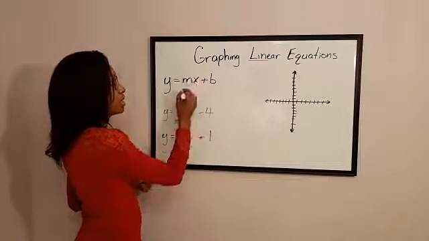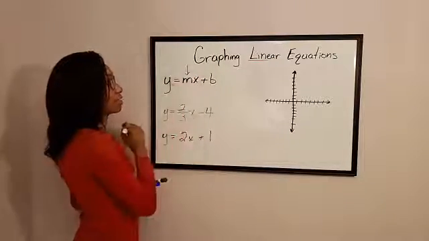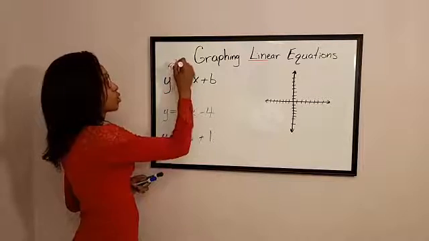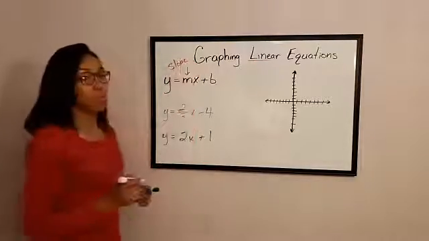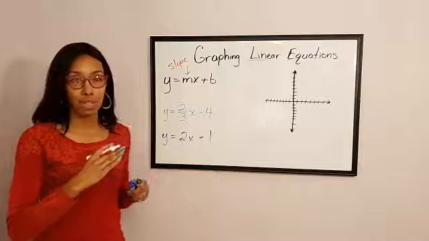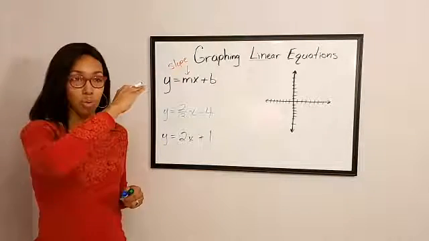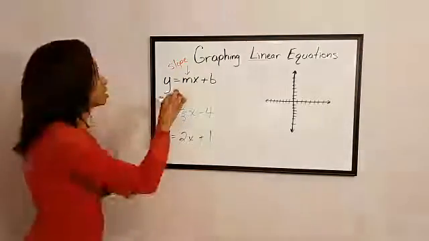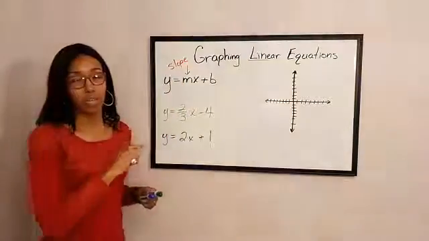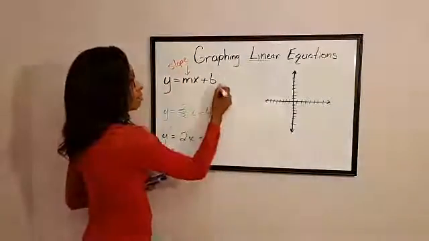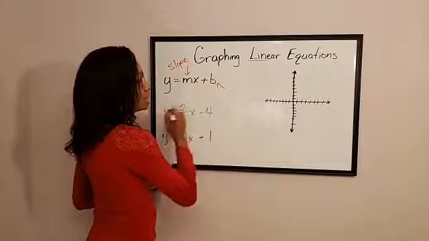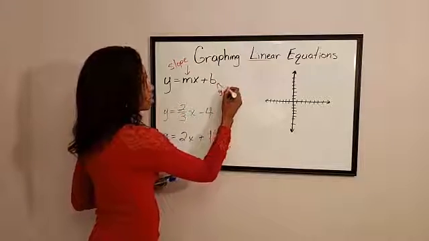The first piece is this m right there, and that stands for slope, okay? And slope just deals with how steep your line is. Is your line really flat, or is it more of an angle, or is it super steep? The slope will tell us how angled that line is. And then b is your y-intercept, okay?